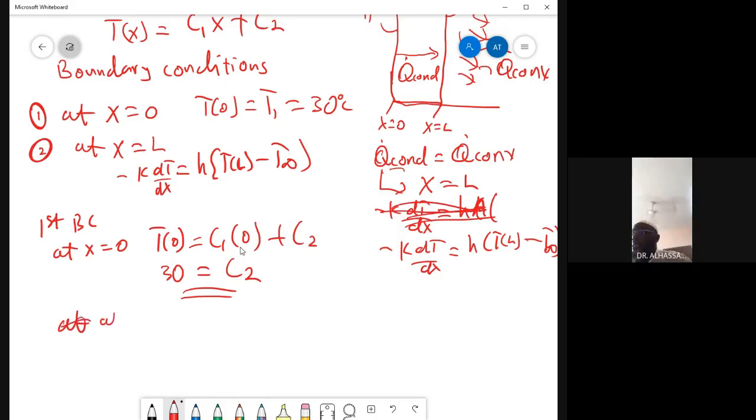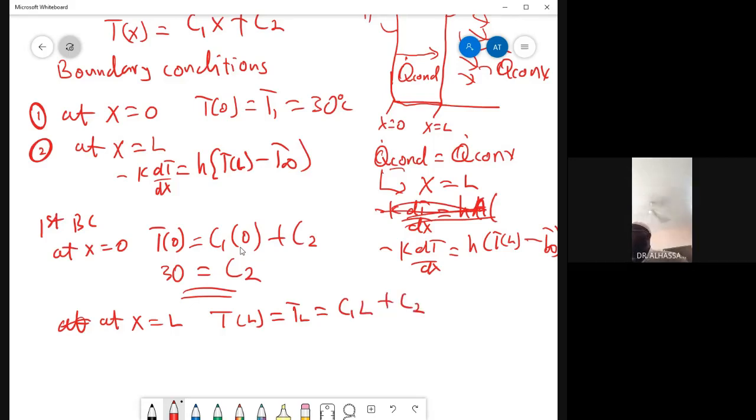Let's say at x equals to L, I'm going to substitute into the equation again. So at x equals to L, we have TL equals to C1 times L plus C2.